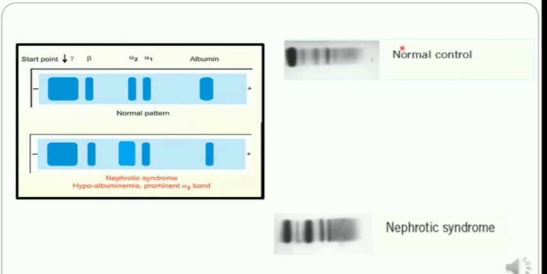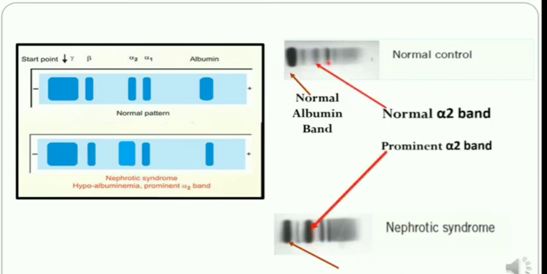And now we'll see a real gel. This is how the gel running looks like. This is a black and white picture. This is the normal albumin band. This is a diffused or faint albumin band in a nephrotic syndrome patient. And here you can see that the alpha 2 band is prominent.